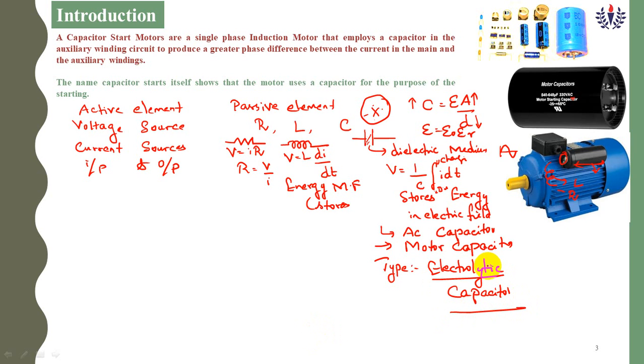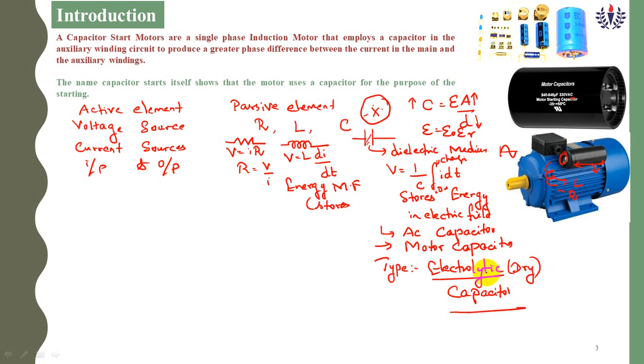In your objective type question in the last quiz, if asked which capacitor will be used in starter and motor, immediately you write electrolytic capacitor. It is a dry type electrolytic capacitor.